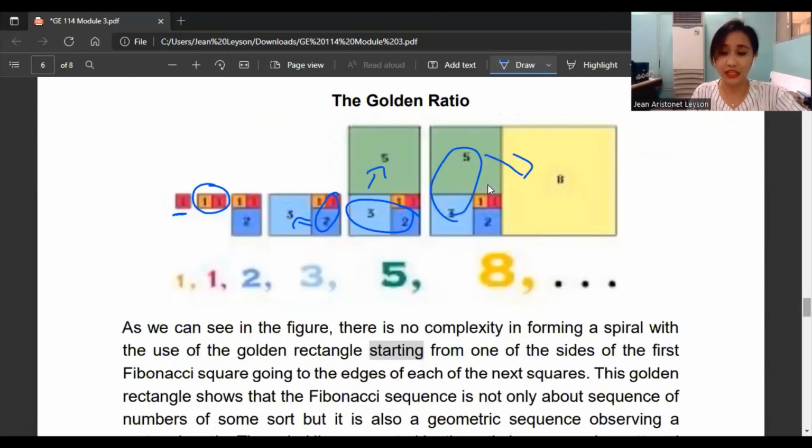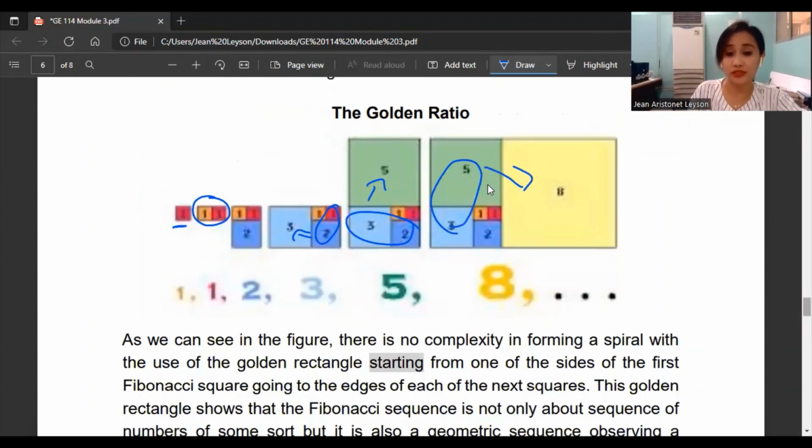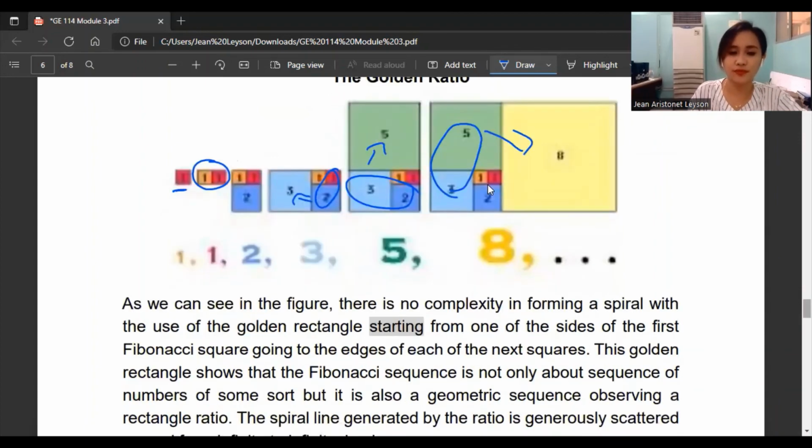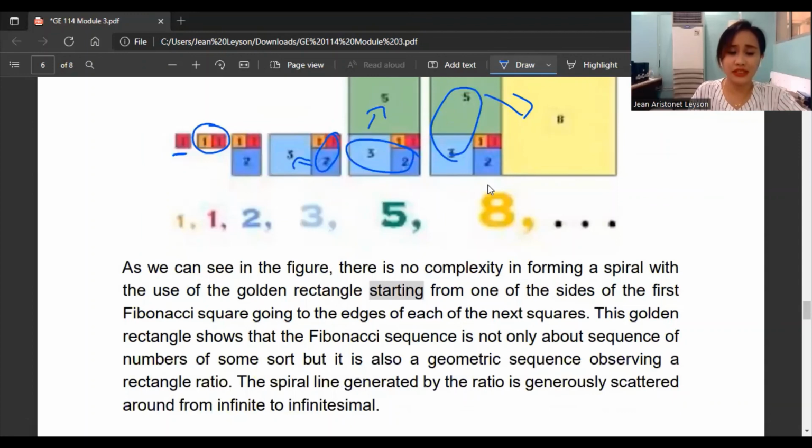So the golden rectangle illustrates the golden ratio. As we can see in the figure, there is no complexity in forming a spiral with the use of the golden rectangle.